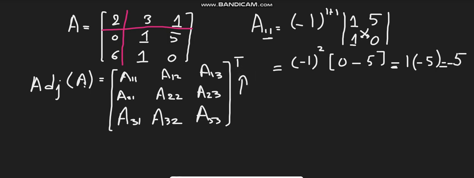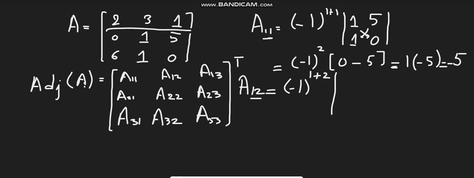Then the second value A12 can be found by minus 1 raised to power 1 plus 2. Then we will keep the first row and the second column in our matrix. So let me select that area for you, and next time we will keep doing it directly. By skipping the first row and the second column, what we have is 0, 6, 5 and 0.